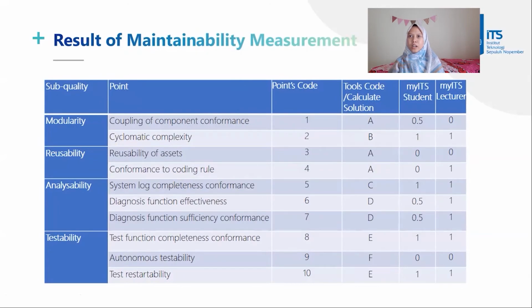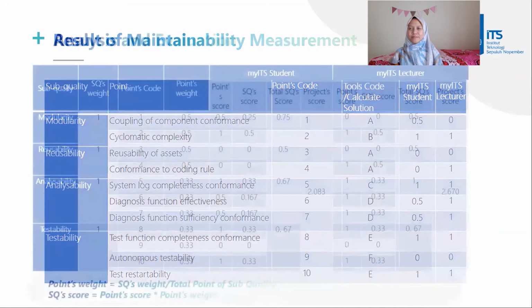All features of myITS lecturer are available in the program, in the definition of program requirements, and implemented in the program. That's why myITS lecturer has higher values in diagnosis, function effectiveness, and sufficiency conformance points. In testability points, both of them have the same score.